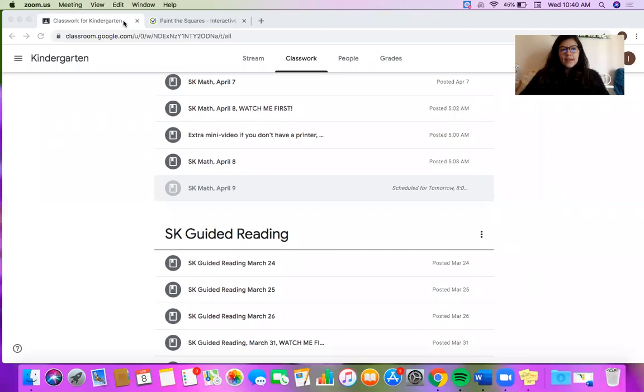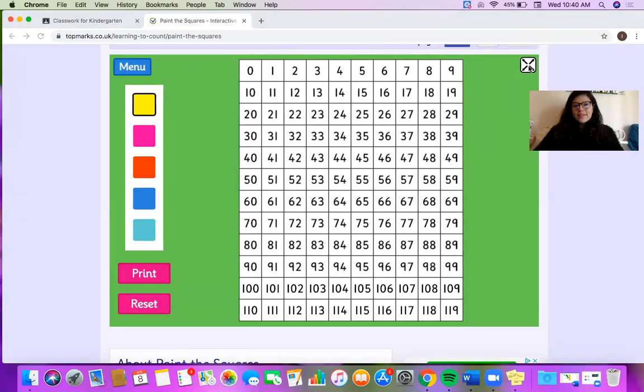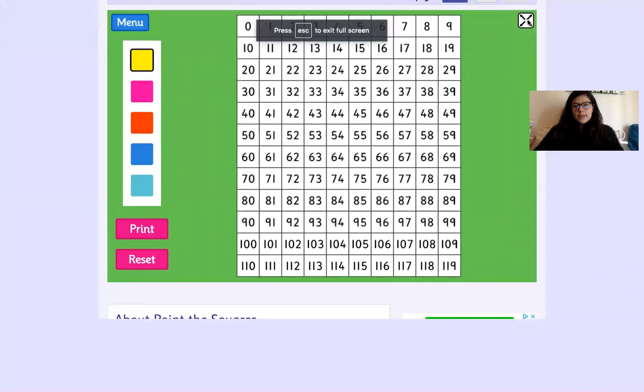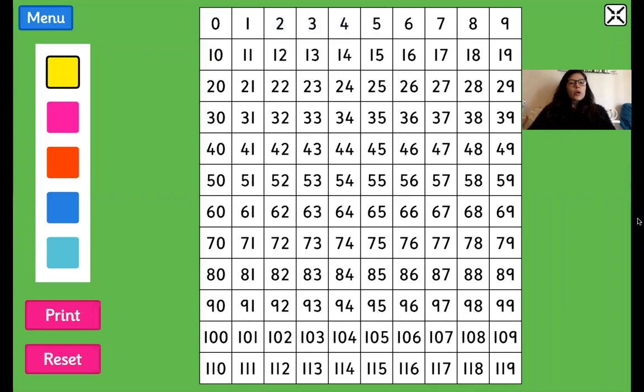Today we're gonna start with a warm up with our 100 square, but actually you're gonna notice that today our 100 square looks a little bit different. What's different about our 100 square today? Look towards the bottom. Wait a minute.